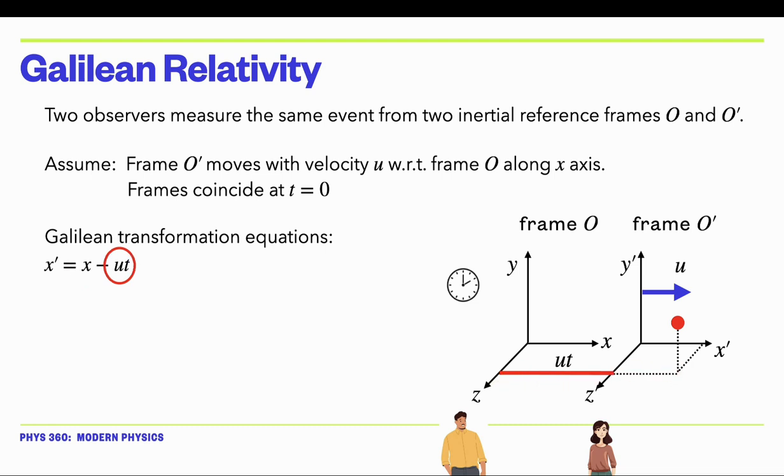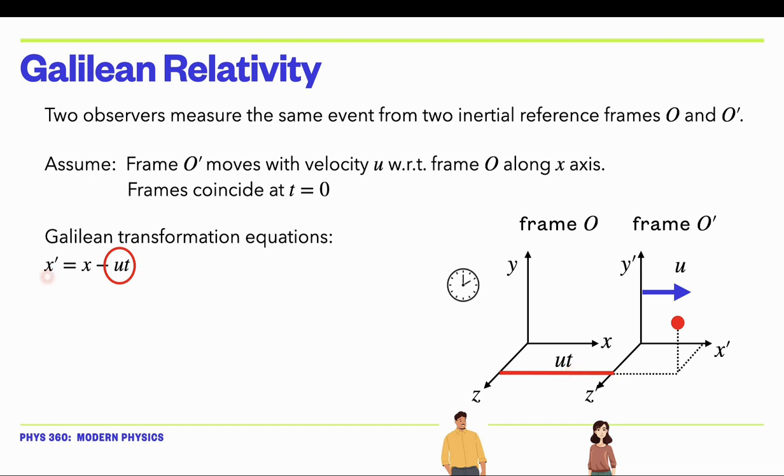minus how much the O prime frame has slid compared to the O frame. So again, if O prime is moving at a constant speed u, then the distance that O prime will have moved is just going to be the velocity u times the time t.